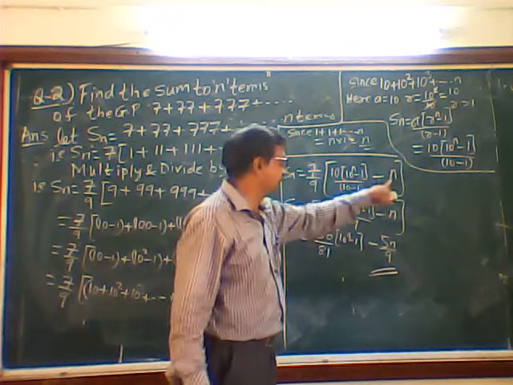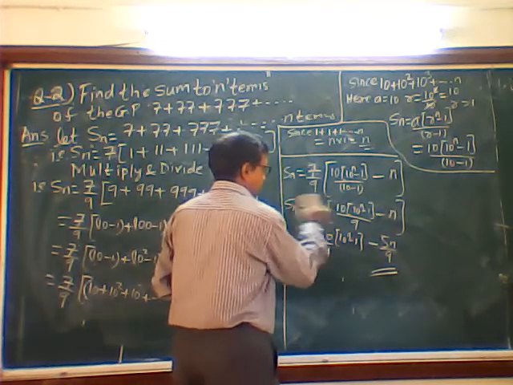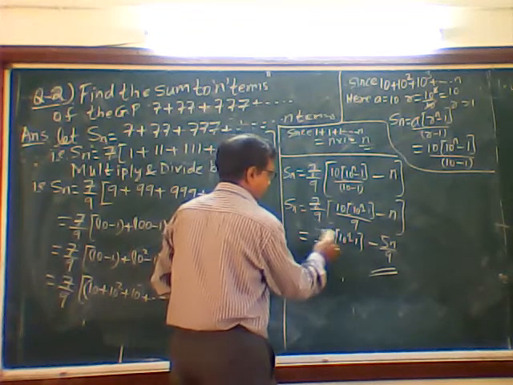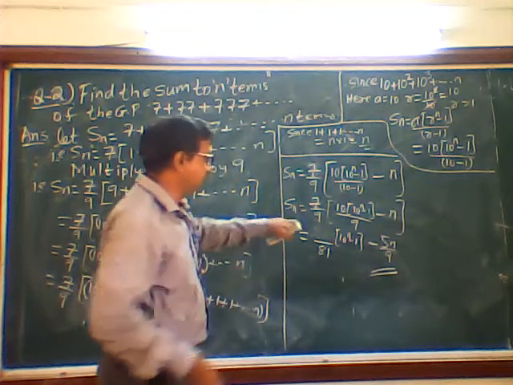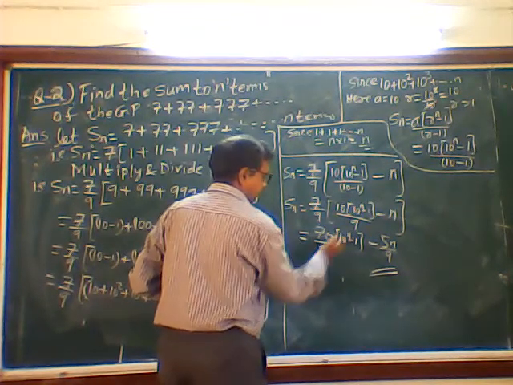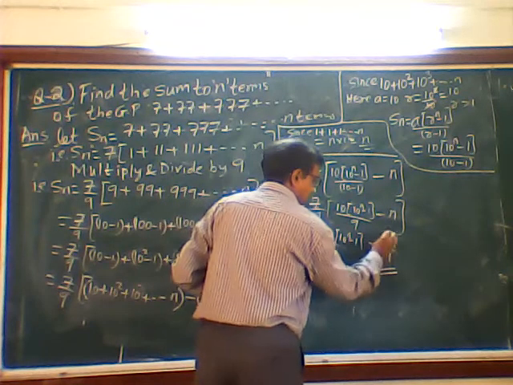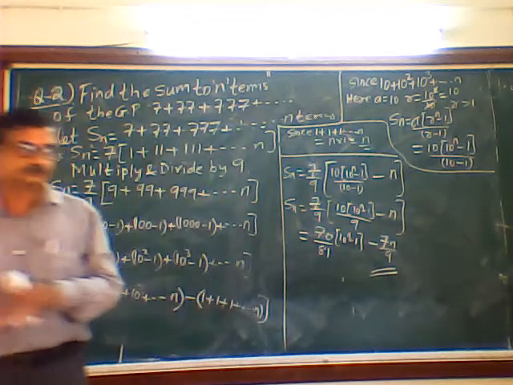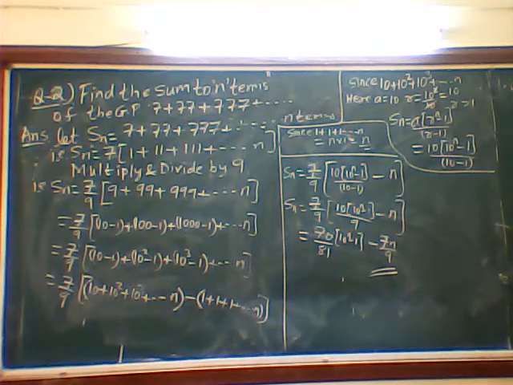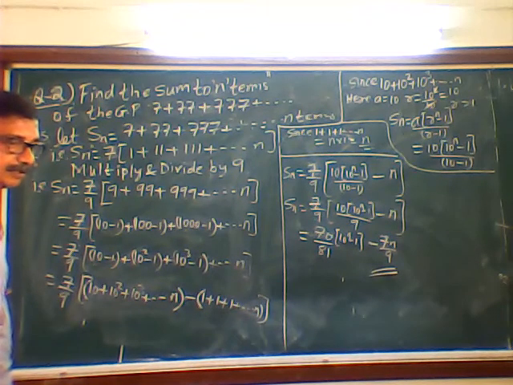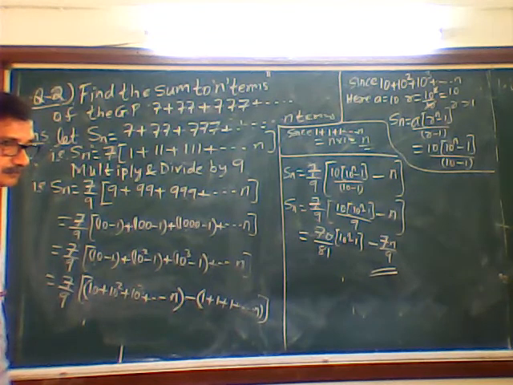Then 7 into 10 is 70, 9 into 9 is 81, and this will be 7 upon 9 into n. That's all. Same thing. Whichever series it may be, the procedure is the same. So you go through it, write the problem without looking, and you will get the answer. You will come to know. Okay?